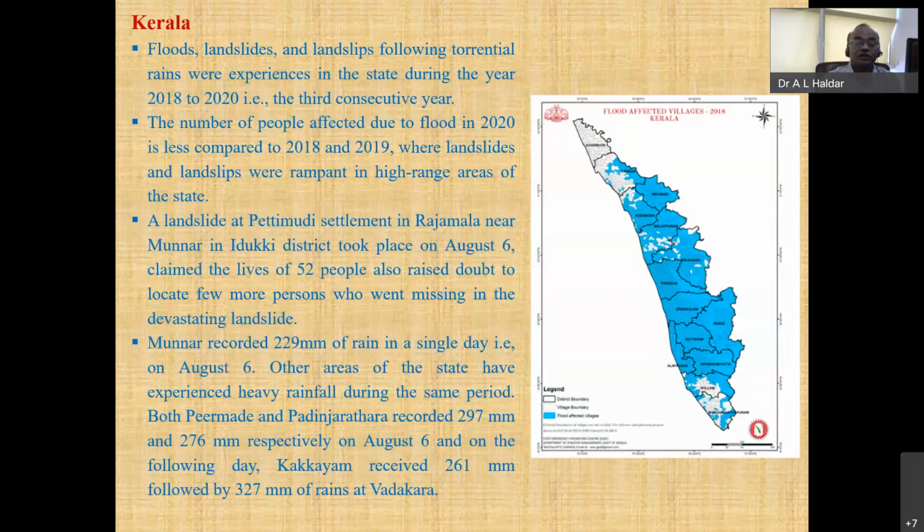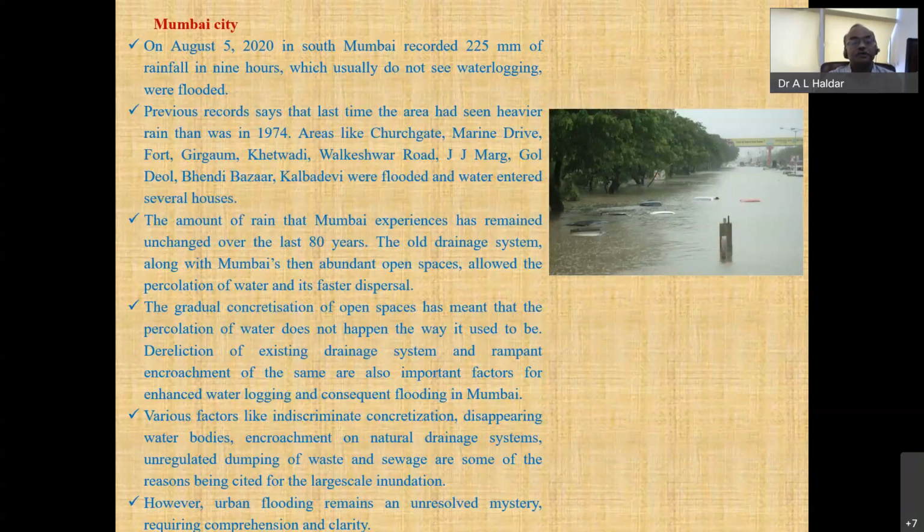What I told you about Munnar is a very sensitive place, especially for landslides, and it is a beautiful place nowadays for tea. Originally it was also very sensitive for landslides. In Mumbai, you know that in 2020 there were severe floods.